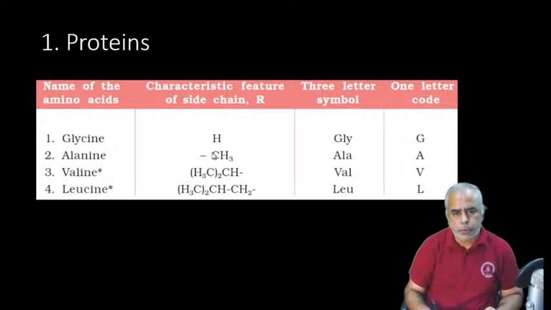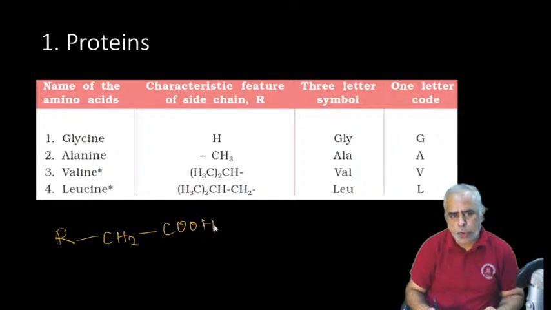For instance, here we have CH2, and let me put here R, and this is COOH. So let me replace one hydrogen with amino group. So this is the standard structure.